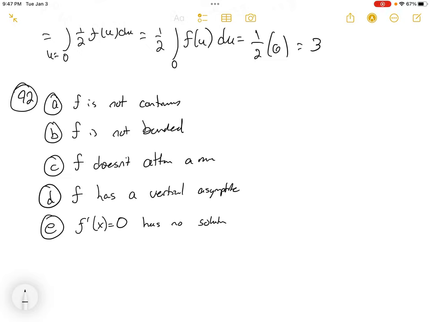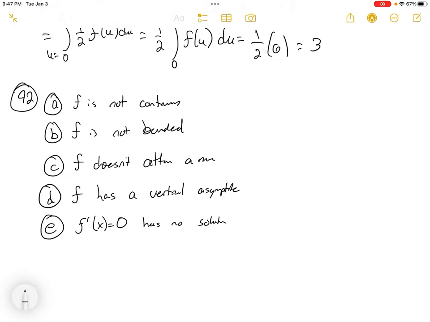So there are two key ways that we can't attain a maximum, right? The first one is we have some vertical asymptote and we approach infinity. The second one is we approach something and we sort of have some hole there. So we definitely could have a vertical asymptote, but we need to see if that is true.